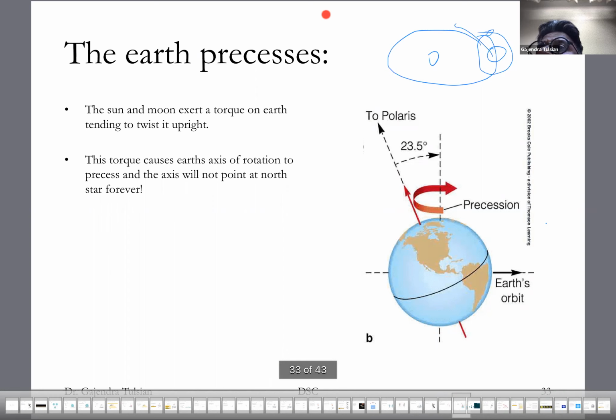Everything else on the beach ball would move as the Earth spins. That point is the North Star. So if the Earth's axis is precessing, then the North Star will change. And that's what we have observed. That's how we learned about the precession of the Earth's axis.